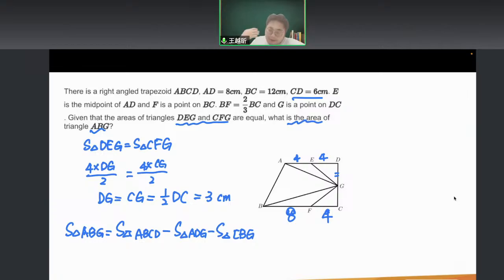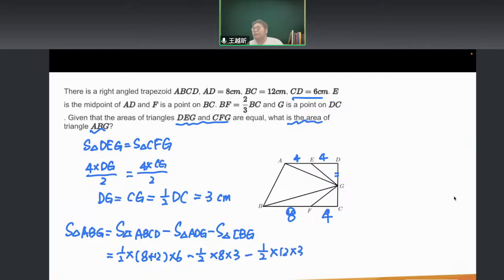You can find out the triangle's area of ABG. This one is very easy to calculate. The top plus the bottom line, times the height, divided by 2. Actually, it's 1 over 2 times (8 plus 12) times 6, minus 1 over 2 times 8 times 3, and minus 1 over 2 times 12 times 3. After that, you can find out the answer.